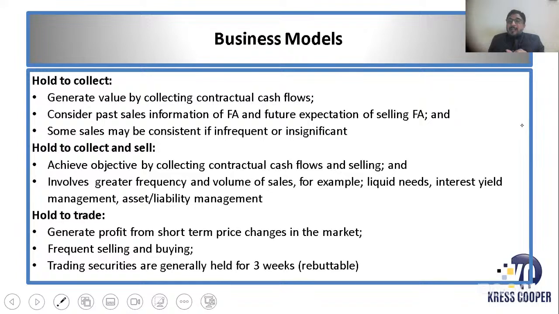So that advancement or that investment was not made with the intention to hold that portfolio till maturity. It is hold to collect and sell. And the third one is hold to trade. It is just trading. You bought that investment to even sell overnight. Okay, so in a very short run, you would be selling it out. So that is trading. So these are in fact the three models.